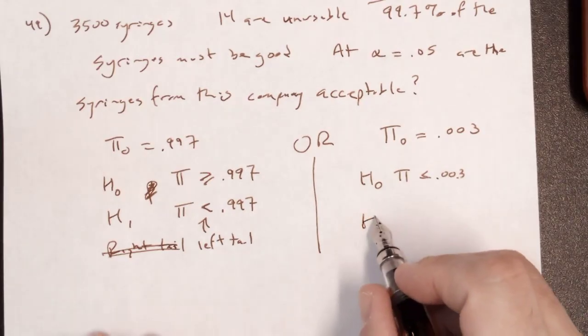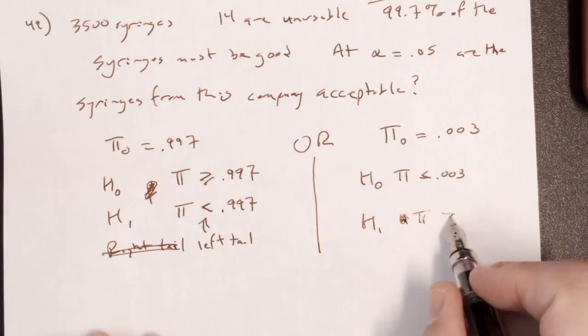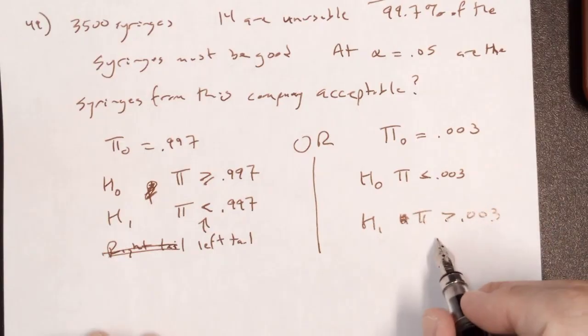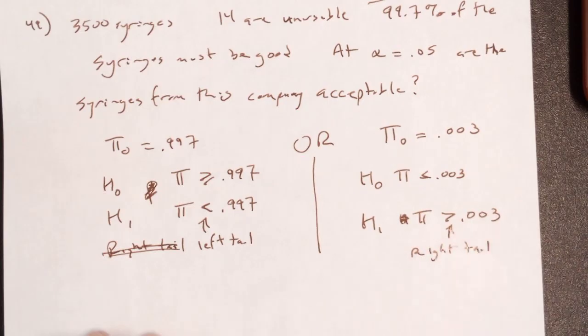And my alternate hypothesis will be that the proportion is bigger than 0.003, and that is what tells me it's a right tail. So depending on which way we think of the numbers, 0.997 is a perfectly good setup. I just have to do it this way and check good syringes.